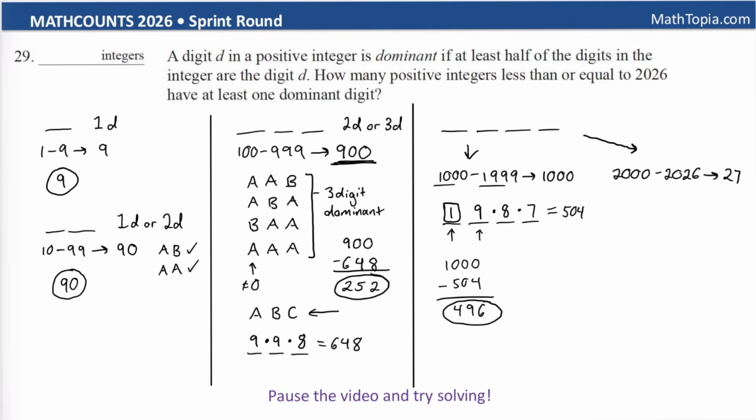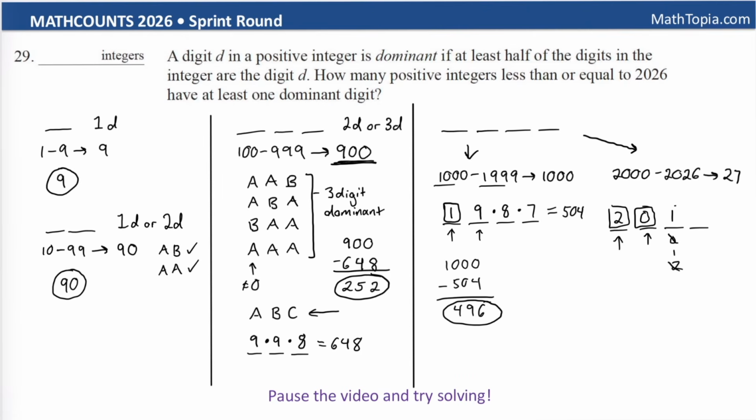And next, looking at our case from 2000 to 2026, we know that our first digit has to be 2, our second digit has to be 0, and now our digit in the tens place can either be 0, 1, or 2 to fit this range, but since we're counting all the integers that are not dominant, it can't be the digit 0 because we've already used that here, and it can't be the digit 2 because we've already used that here.